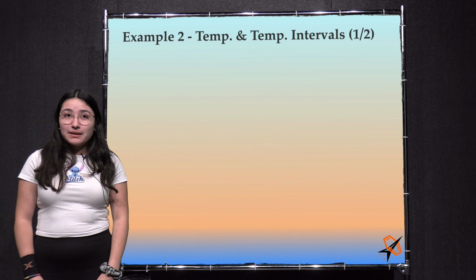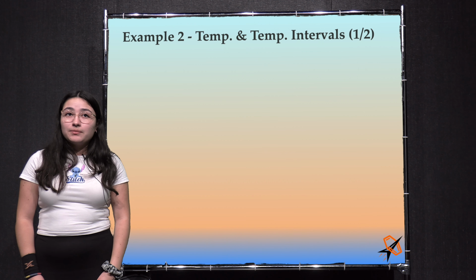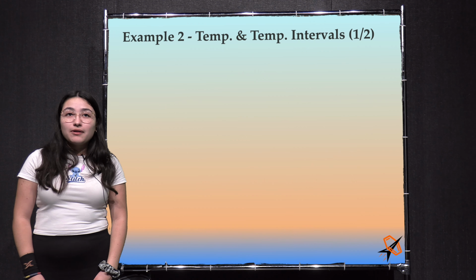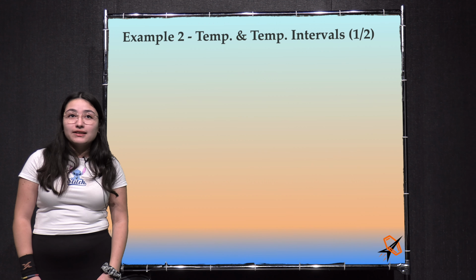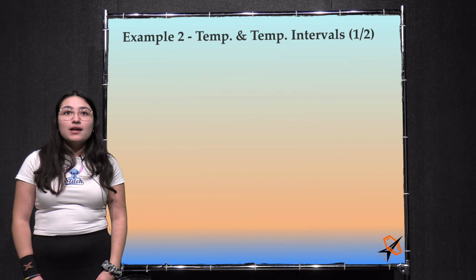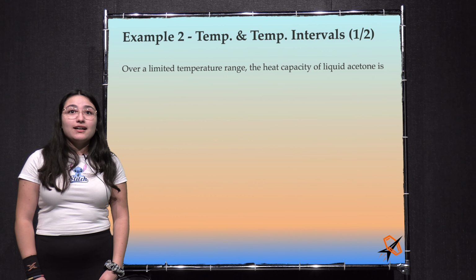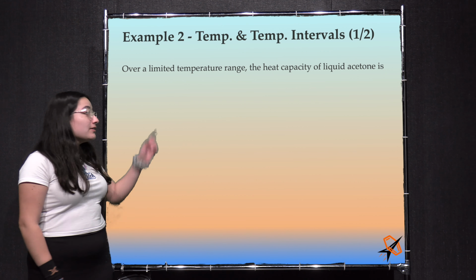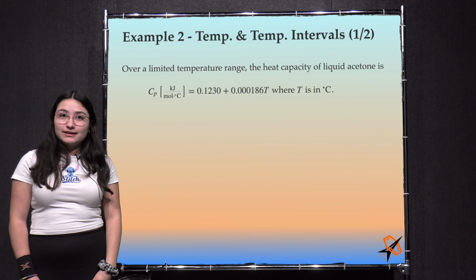Now, for one more example, the heat capacity of an object is the amount of heat energy required to raise the temperature of a unit mass or unit mole by 1 degree in the temperature unit of interest. We have a formula for the heat capacity of liquid acetone in units of kilojoules per mole degree Celsius with the temperature in the formula in degrees Celsius.